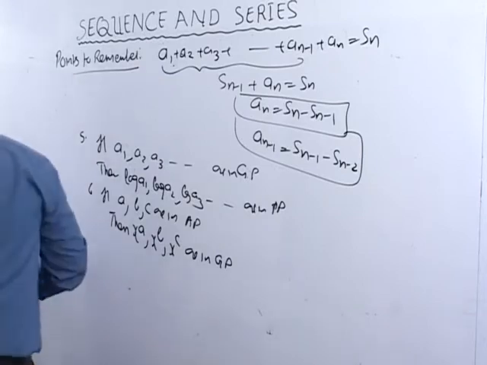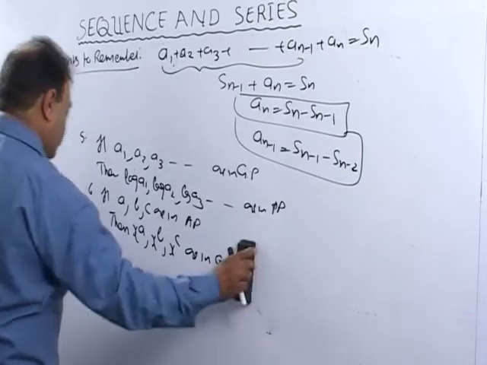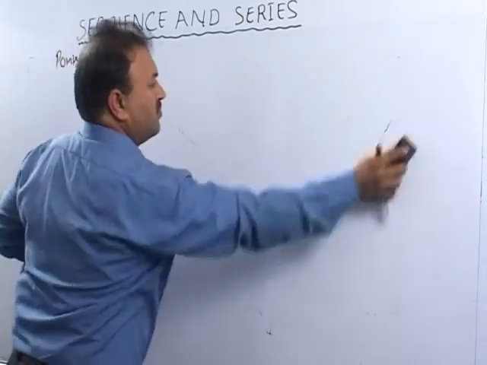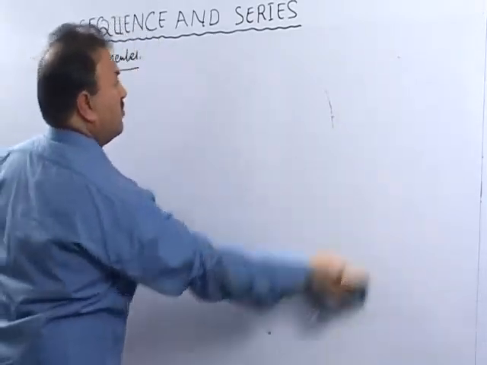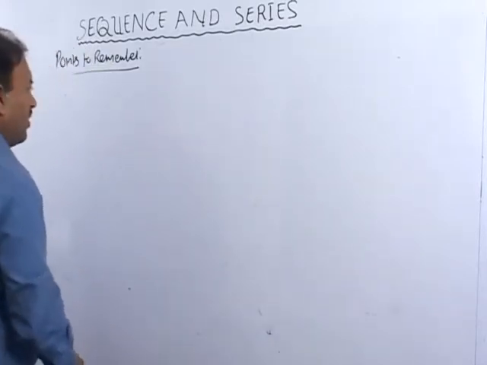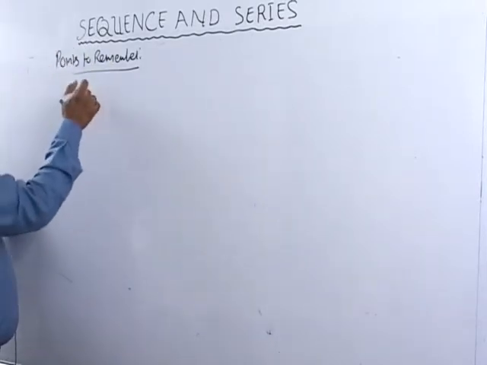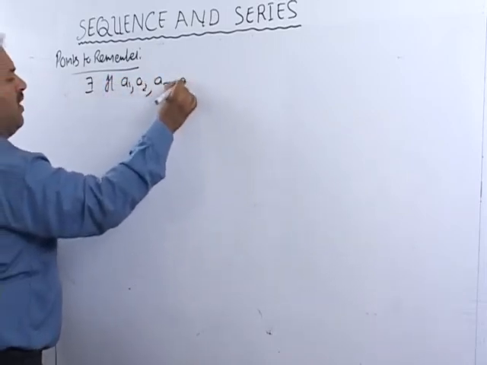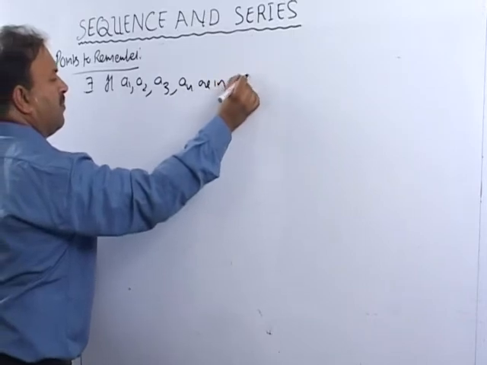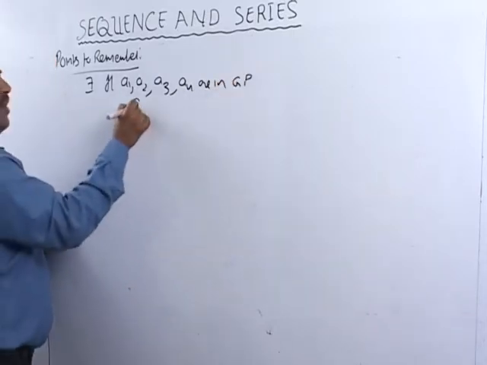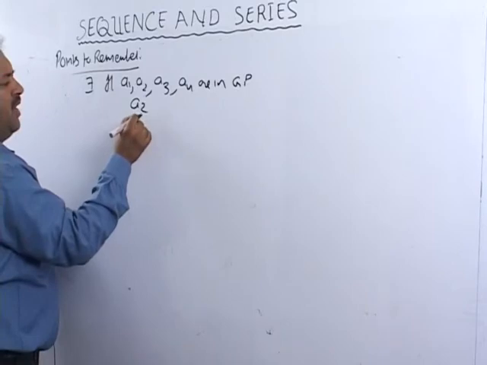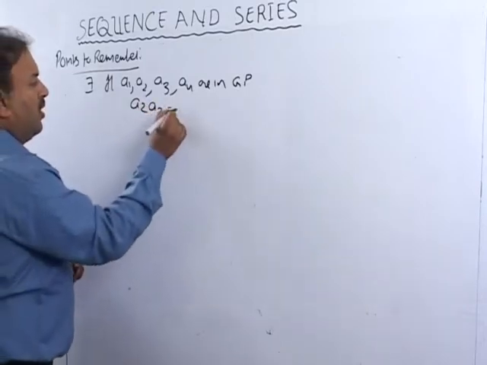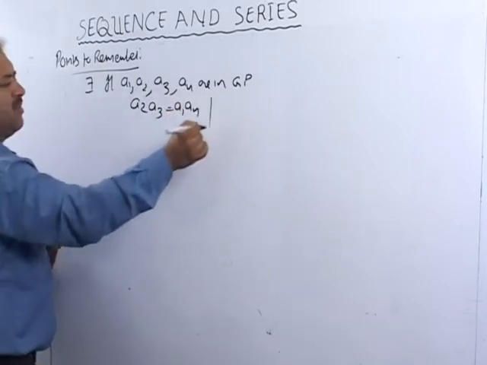Now the next point, the seventh point. If A1, A2, A3, A4 are in GP, then A2 times A3 is equal to A1 times A4. How do we get this?